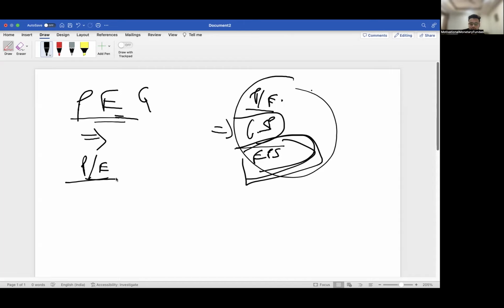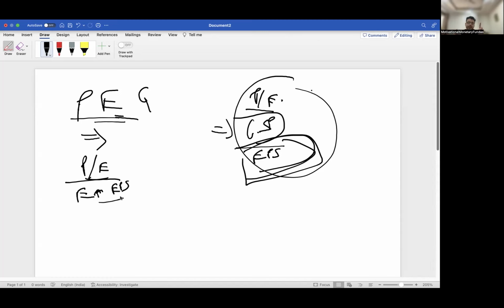And in the denominator, you have the earnings growth of the firm. The earnings growth is simply represented by the growth in the EPS of a firm, by how much percentage the EPS of the firm is growing, which gives you a much clearer picture of the growth rate in the earnings of a firm.